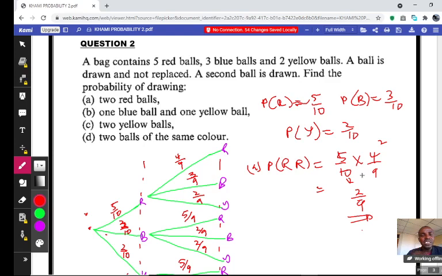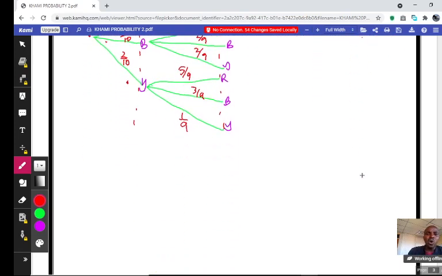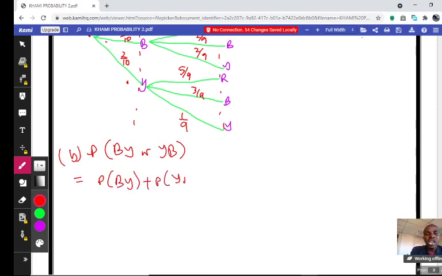Right, the second part is saying find the probability of drawing one blue ball and one yellow ball. One must be blue and the other must be yellow. Please take note. In this case, there is no order. It's just a blue and a yellow ball. So how are you going to structure this one? Part B, probability of either blue yellow or yellow blue, like this, which is equals to probability of blue yellow plus probability of yellow blue.